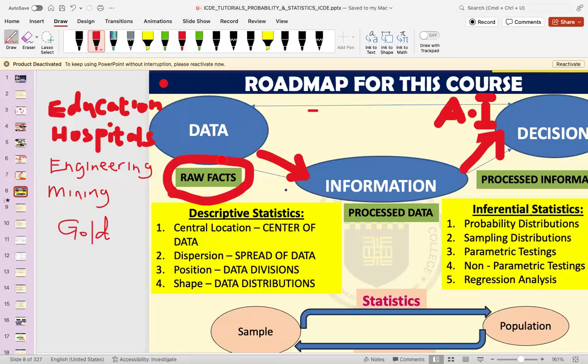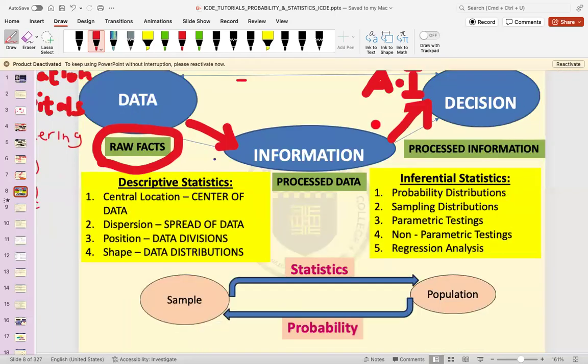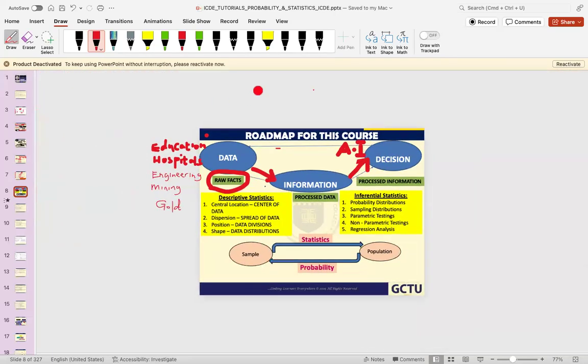So if we say data are raw facts, and then information are processed data, and then decisions are processed information, how are they connected? And this is what I can do to help you. If you take a coconut that we all buy from the roadside, a coconut can be on the ground like this.